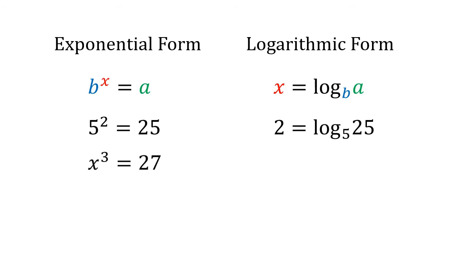And then let's have x cubed equals 27. So the exponent is 3. So 3 equals log 27 base x. Again, 3 is the exponent of x to get 27.